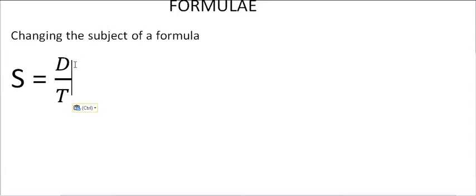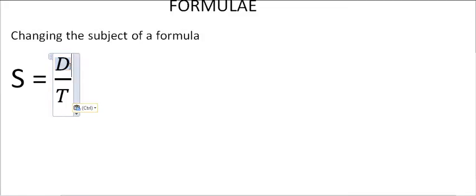Here, if we are given the distance and we are given the time, then we need to find the speed. So speed forms the subject of the formula, which is the unknown value. But in another case, if we are given speed and time and we need to find the distance, distance becomes our unknown value.